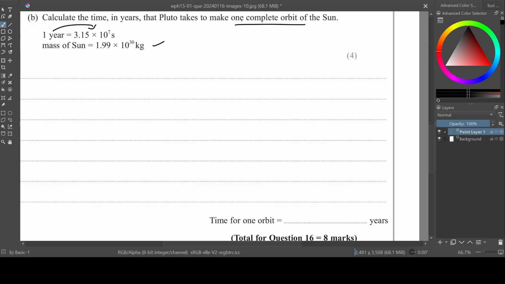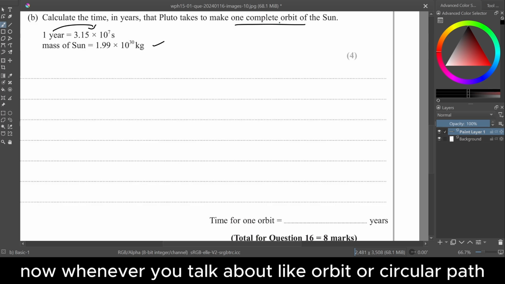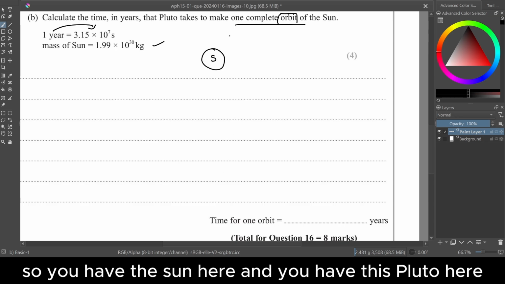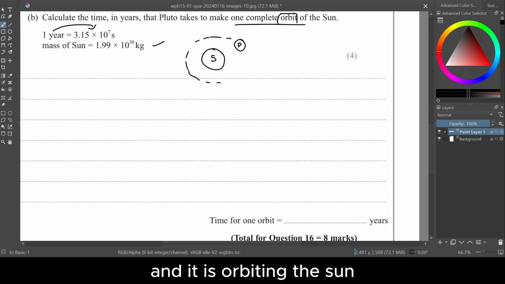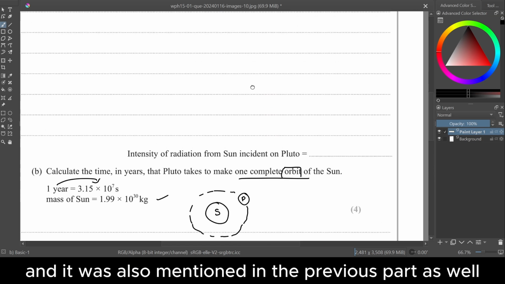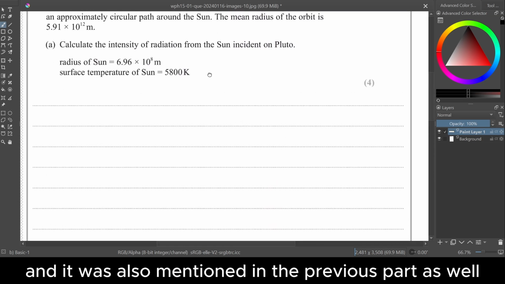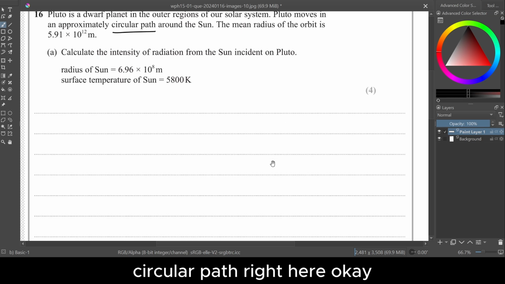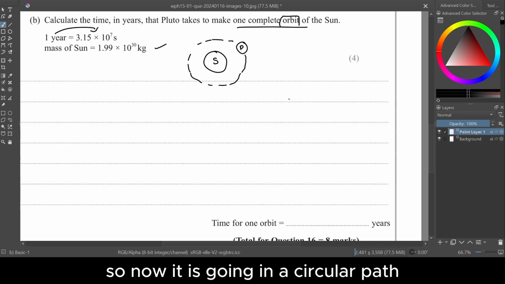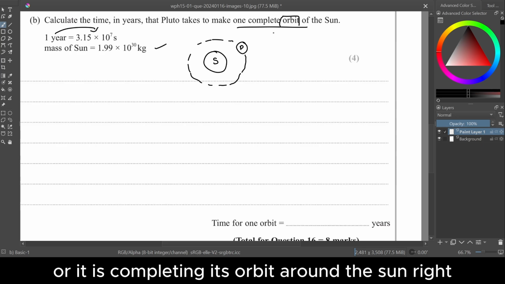Whenever you talk about an orbit or circular path, let me demonstrate it. You have the sun here and you have Pluto here, and it is orbiting the sun. It is also mentioned in the previous part, a circular path right here. So it is completing its orbit around the sun.